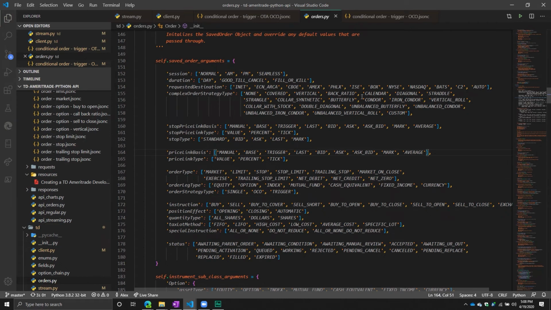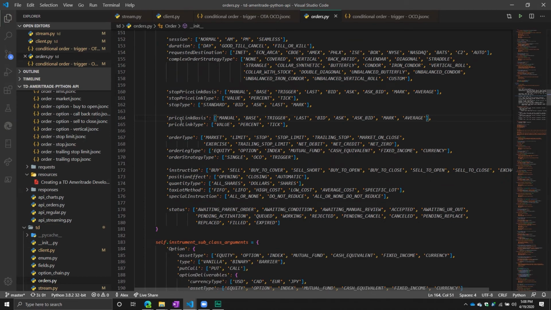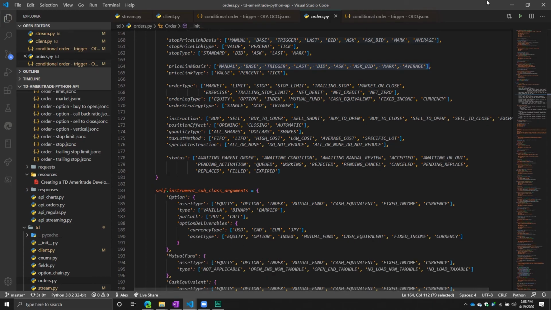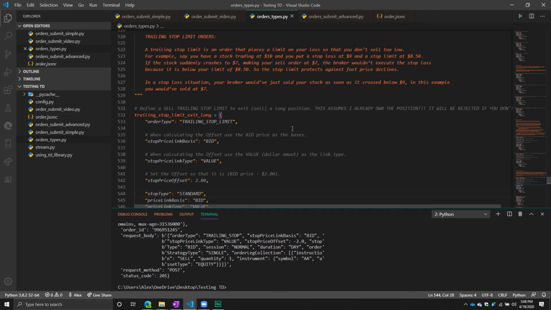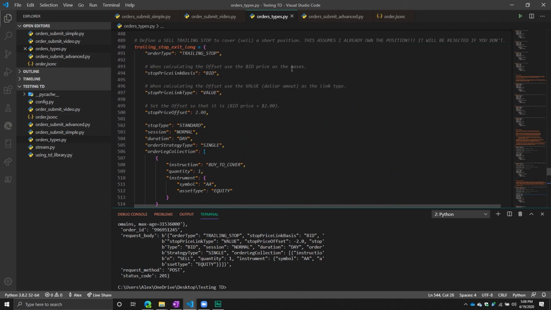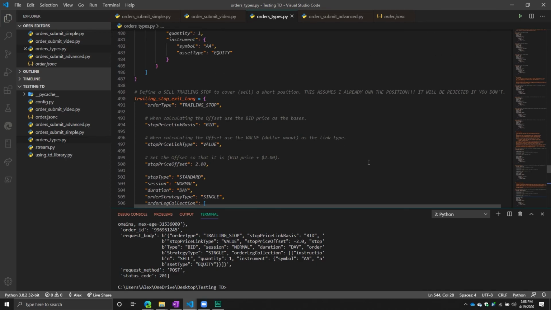I thought they had a price link basis because I feel like it would be something related to that, but it didn't seem to work. Supposedly it's there. If one of you knows how to do it, I would love to see it, because right now I am at a loss as to how to do a trailing stop limit using the API.